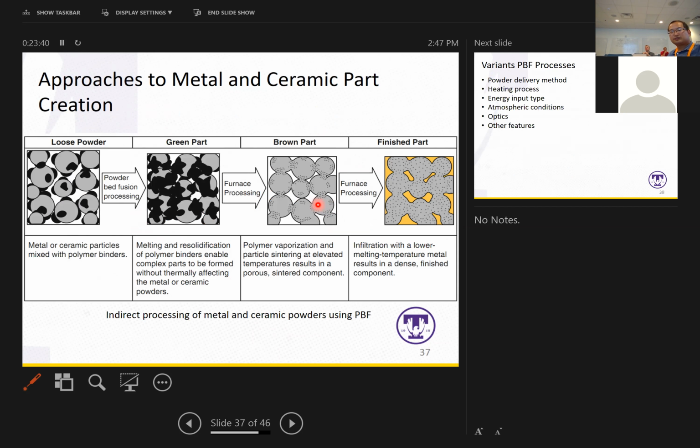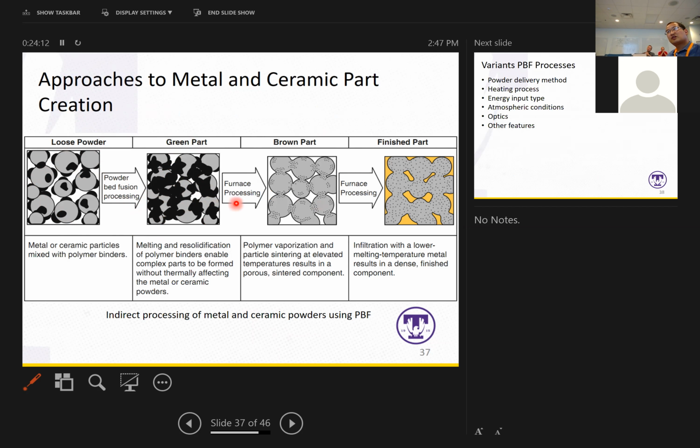Also, here gives you some description on the metal or ceramic part creation using the powder bed fusion approach. As you can see, first of all, the powder is loosened, and then after applying a certain fusion process, it becomes a green part, usually.